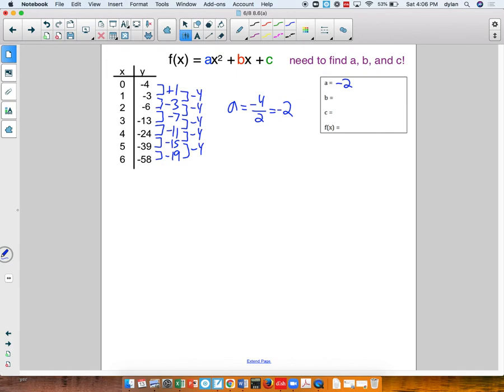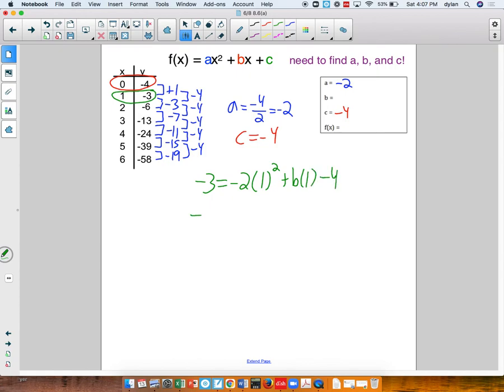The c value is right here. So c equals negative 4. So I'll put that in for c. And then to find b, I'm going to use a different point. And I always use the second one just because it's easiest. So in this case, I would have negative 3 equals, so a is negative 2 times 1 squared plus b times 1 minus 4.